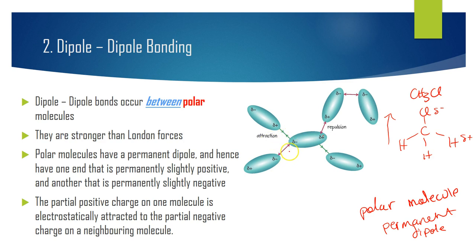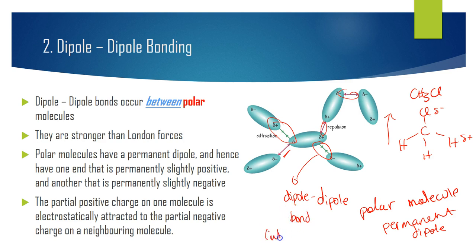Here we have repulsion, and attraction between the oppositely charged ones, whereas we've got repulsion here and here. So this is a dipole-dipole interaction, or dipole-dipole bond.